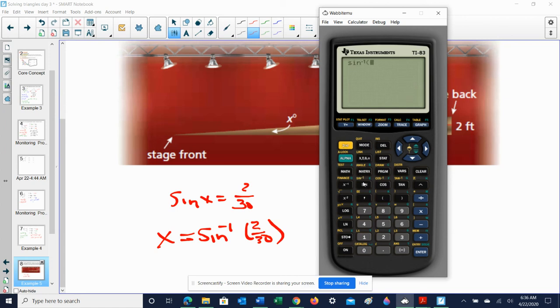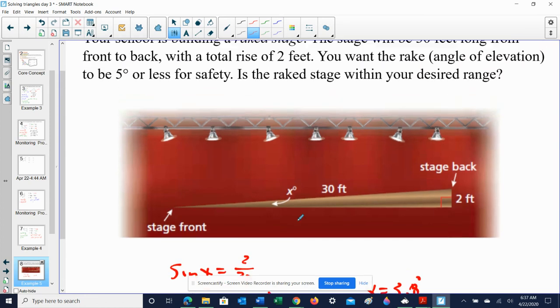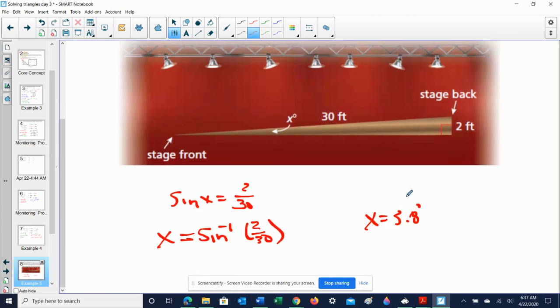Second, sine 2 divided by 30, close parentheses, enter. That angle is 3.8 degrees. X equals 3.8 degrees. So the answer to the question, yes, it's within our desired range because it's supposed to be less than 5 degrees. 3.8 is less than 5 degrees. And I think we're good.